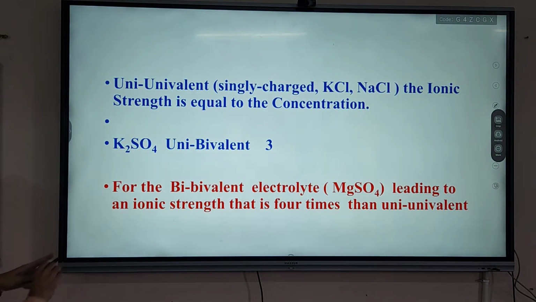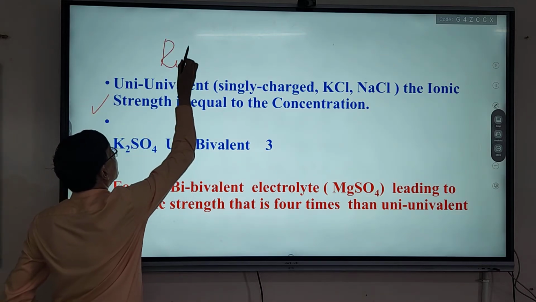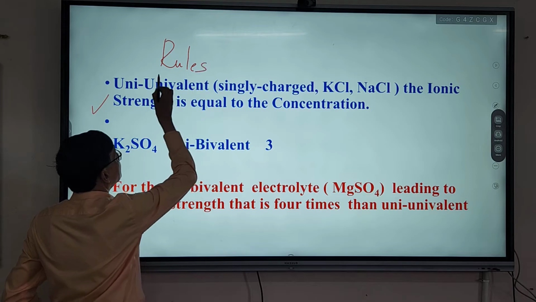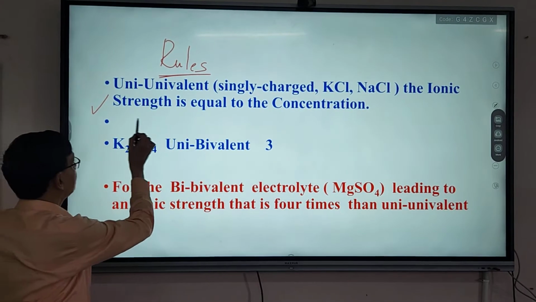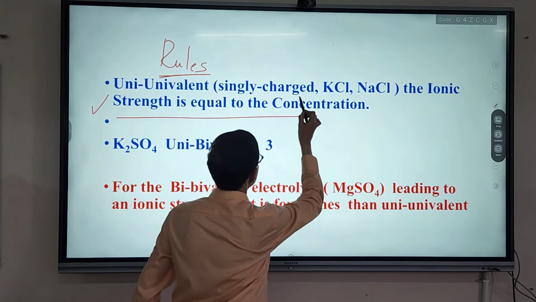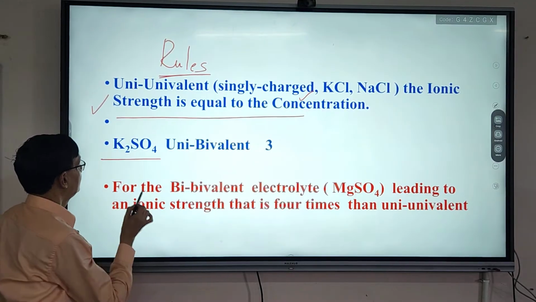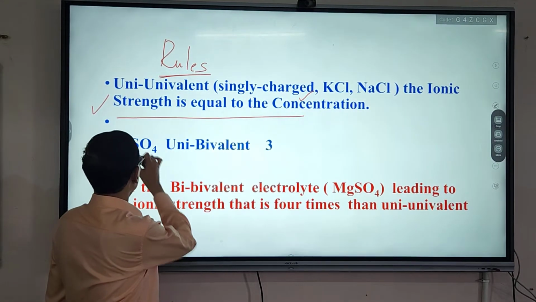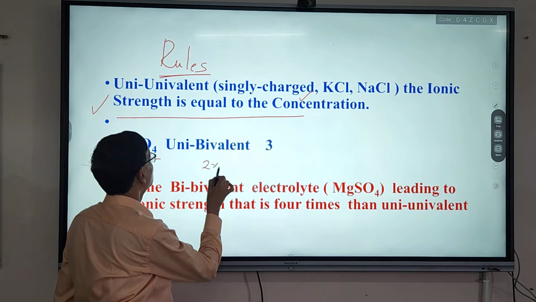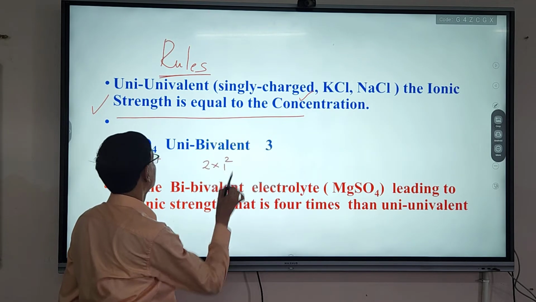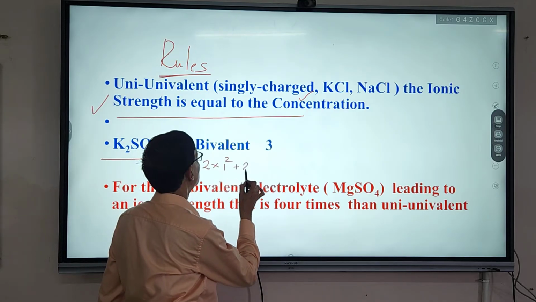Now, as I told you, the rules. For univalent, the ionic strength is equal to the concentration. Bivalent: suppose K2SO4, 2 into 1 square plus the valency of sulfate 2 square.